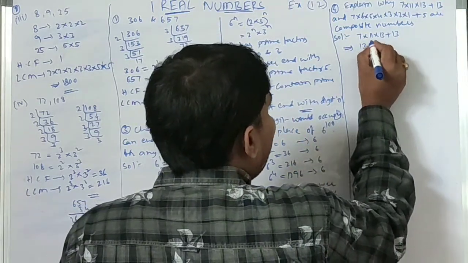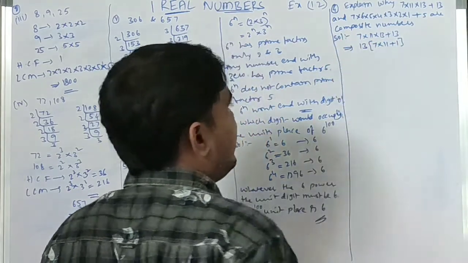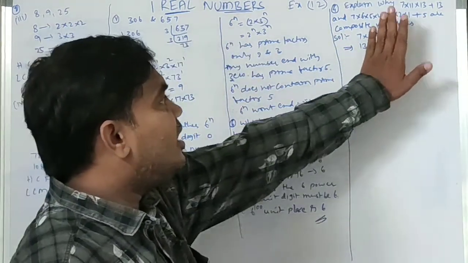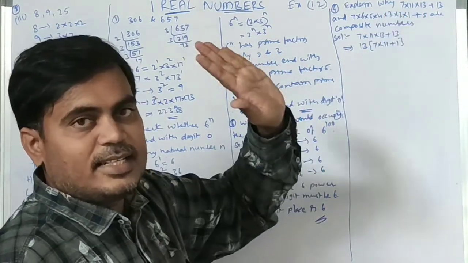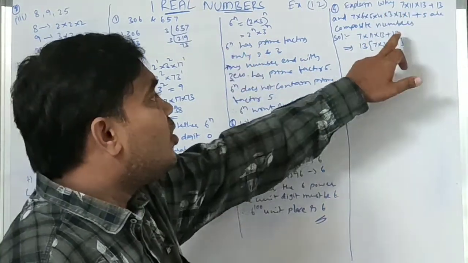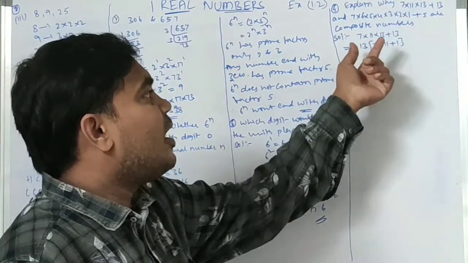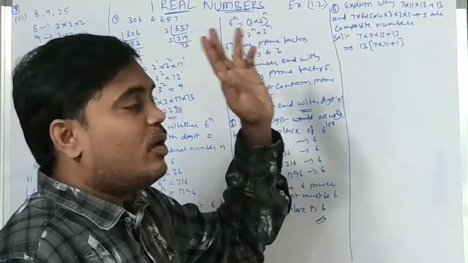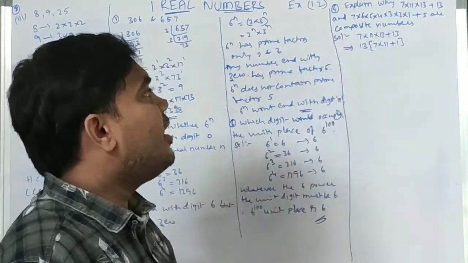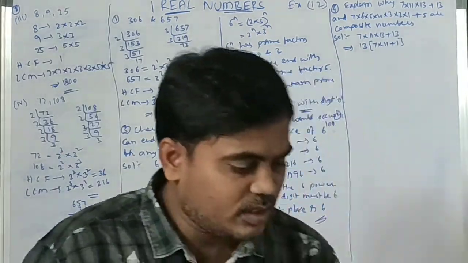If we take 13 common, we get 13 into (7 into 11 plus 1). Whatever the result in the brackets, this is some number and this is 13. Product of two numbers. So that's why it is a composite number.